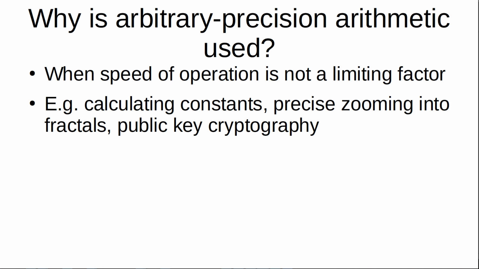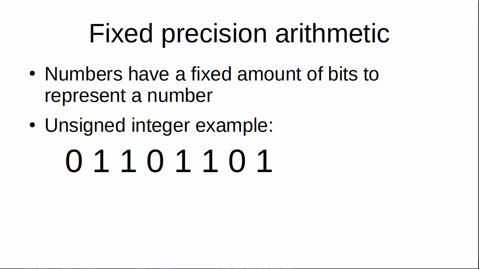So how does arbitrary precision arithmetic work? To understand how it works, you first have to understand how numbers are stored in fixed precision arithmetic. In fixed precision arithmetic, each bit of a number, or I guess a digit, represents a different value depending on its position. Since we're using bits, the value of each digit will be based on a power of 2, so 2 is called the base, or radix.